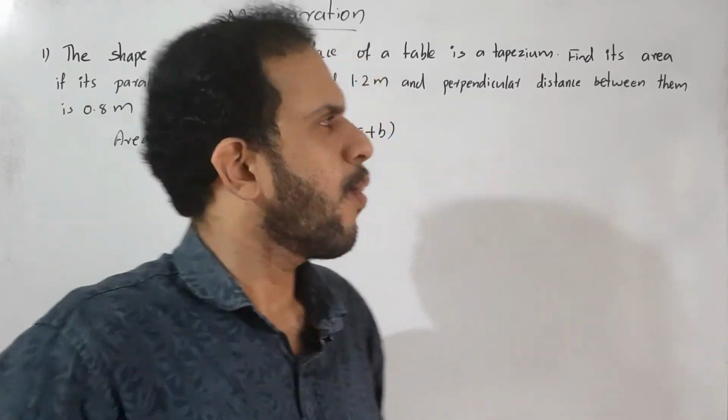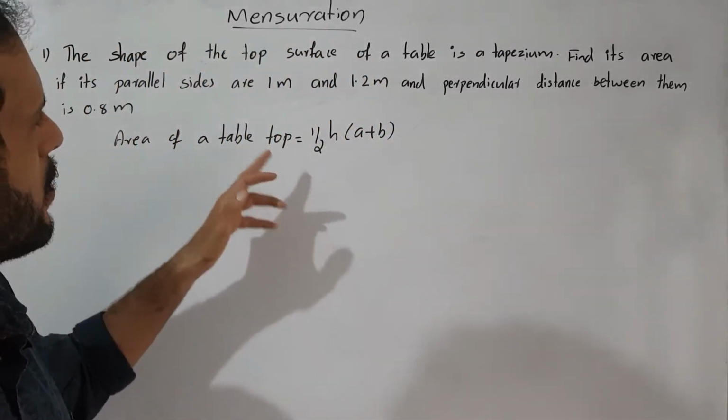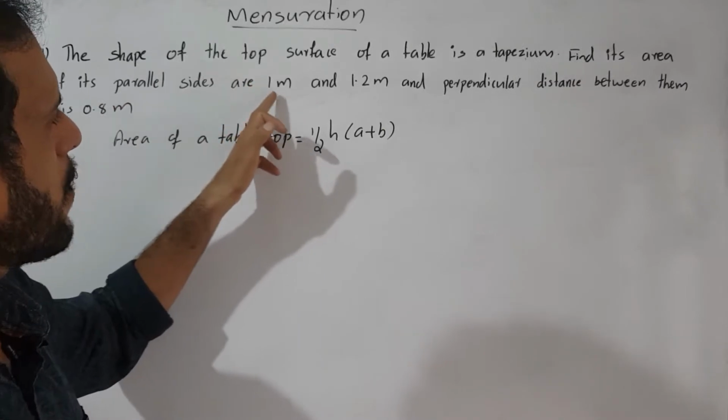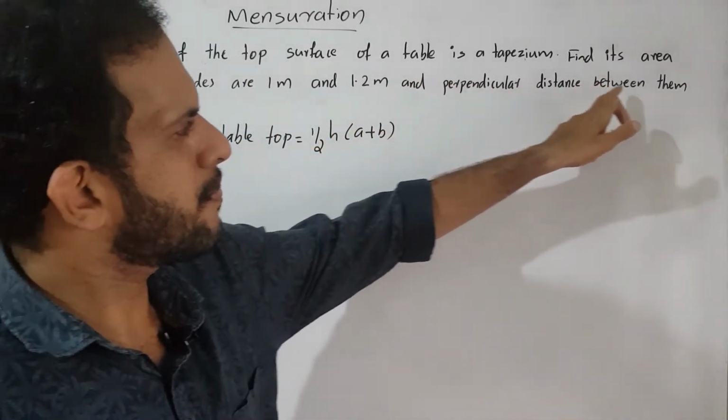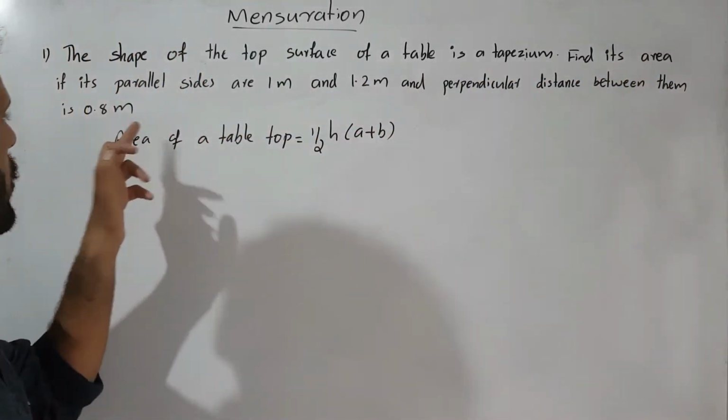What is given? The parallel sides are 1 meter and 1.2 meter and the perpendicular distance between them is 0.8 meter.